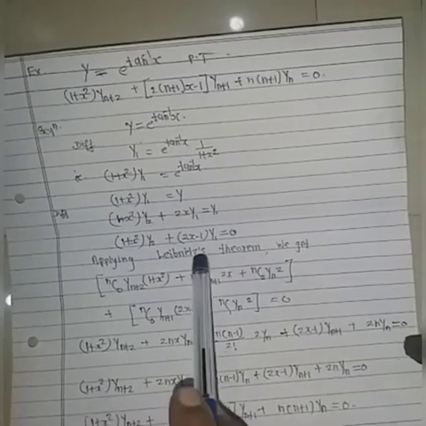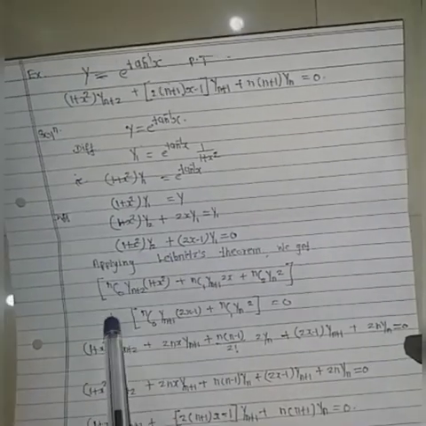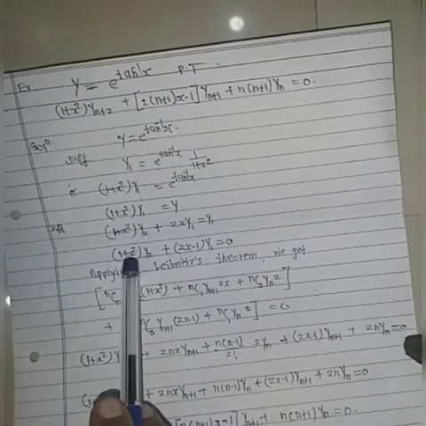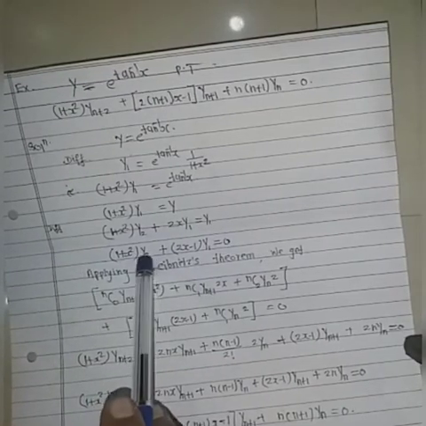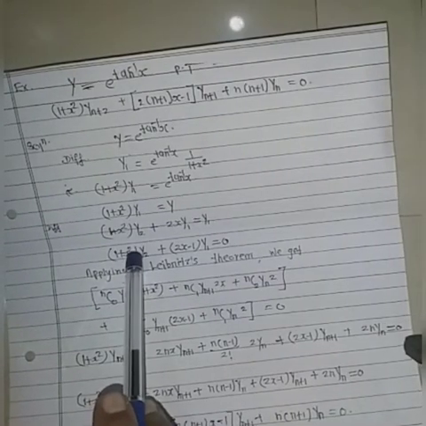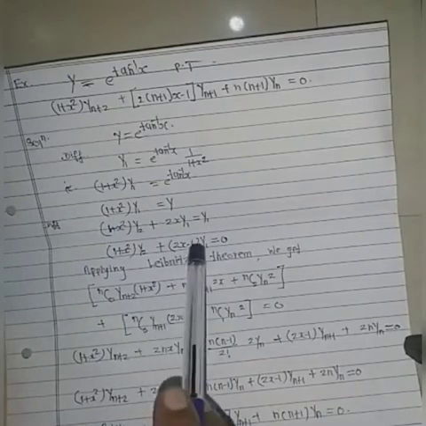We use the Leibniz theorem. For this term, (1 plus x square) is one function, y2 is the other function, a product of two functions, and we use the Leibniz theorem for this, so that we get the first bracket.